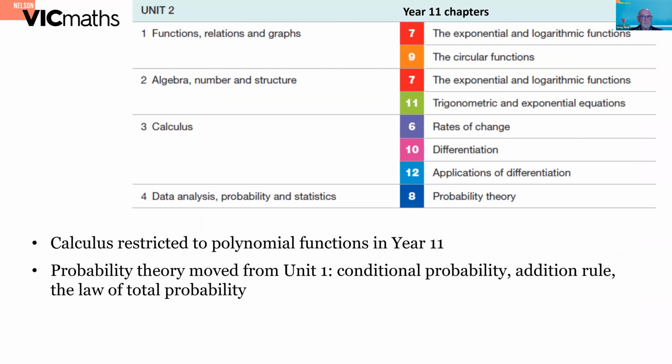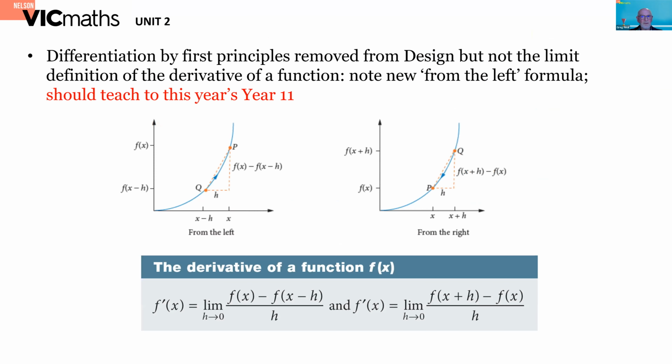So the other thing which there's been quite a bit of change to in Unit 1 is the calculus work. That's mainly to do with numerical approximations. So we'll look and see what sort of things have changed.